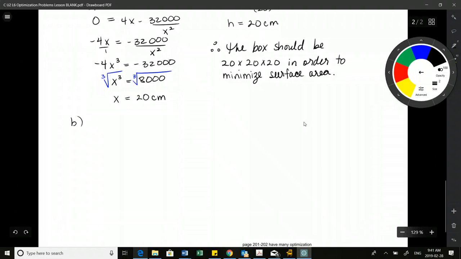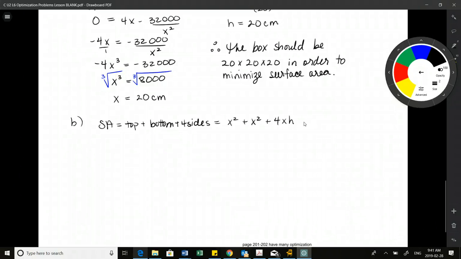Okay, so I'm going to use the surface area formula. We talked about the top plus the bottom plus the 4 sides above, which was x squared plus 4xh.